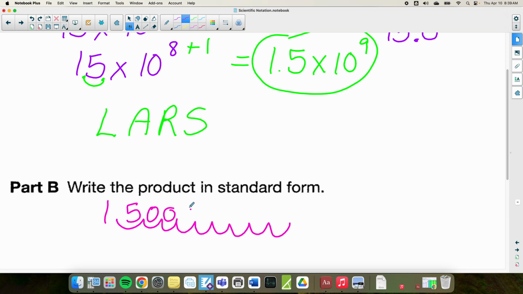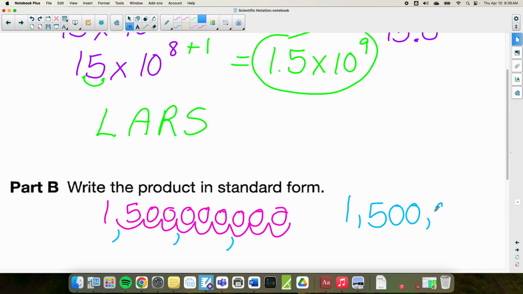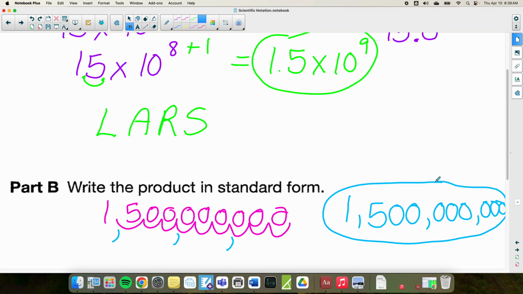And I would add zeros in each of those. Okay? So then when I do this, I have a comma here, I have a comma here, and a comma there. So it'd be 1,500,000,000.